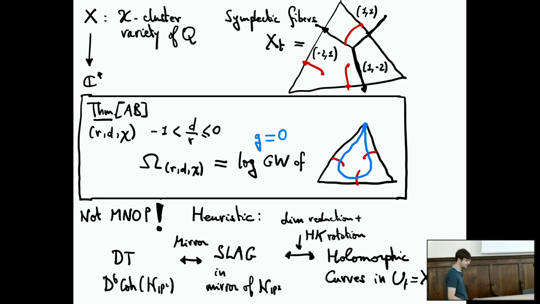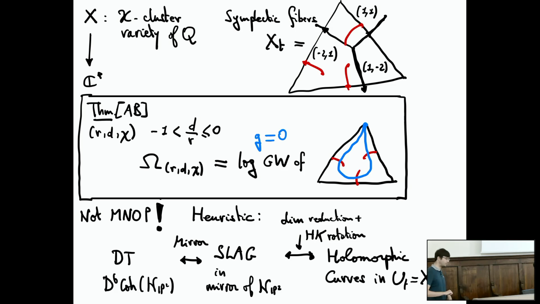Okay, so in this chain of correspondences, at some point there will be something very confusing happening. In this mirror there is some SYZ fibration, but in this mirror there will also be this Landau-Ginzburg potential. And at some point in this story, the base of the SYZ fibration and the base of the Landau-Ginzburg potential, which in general are different things, will get interchanged.